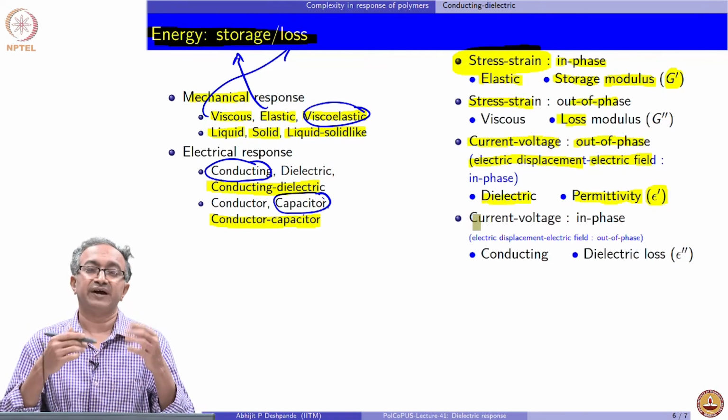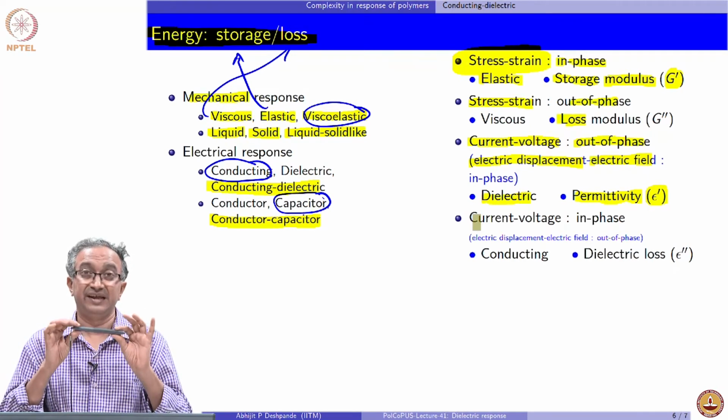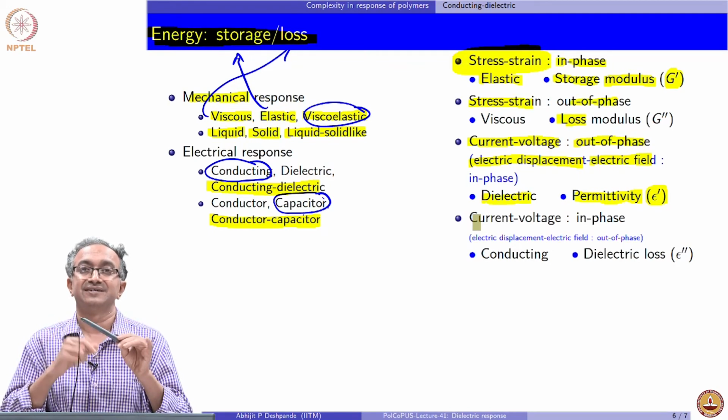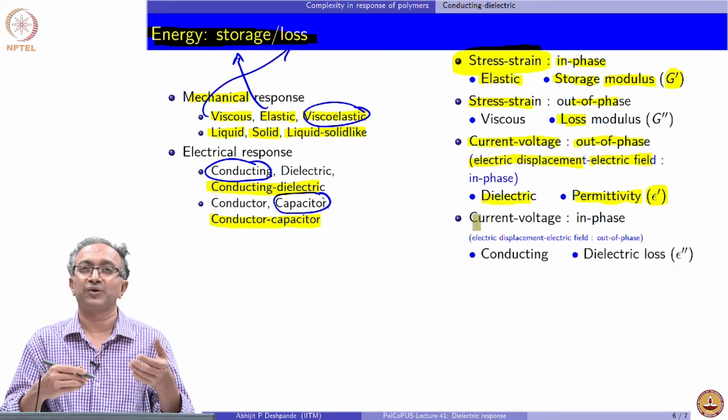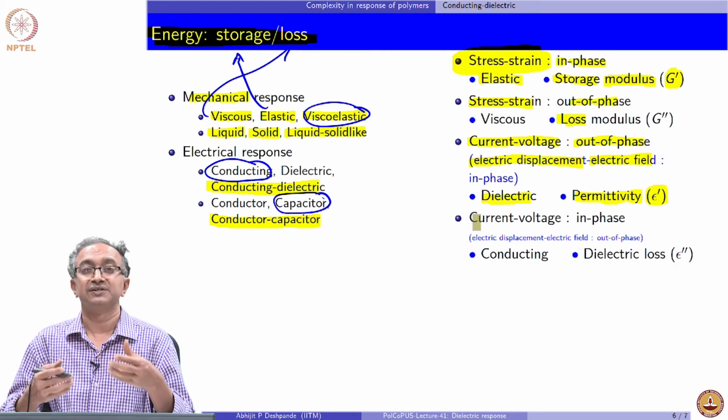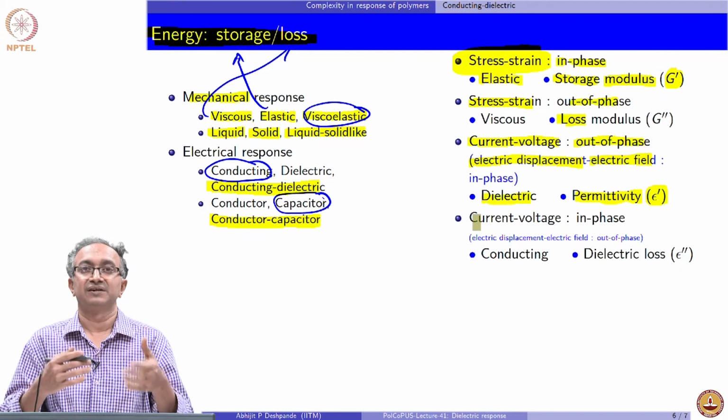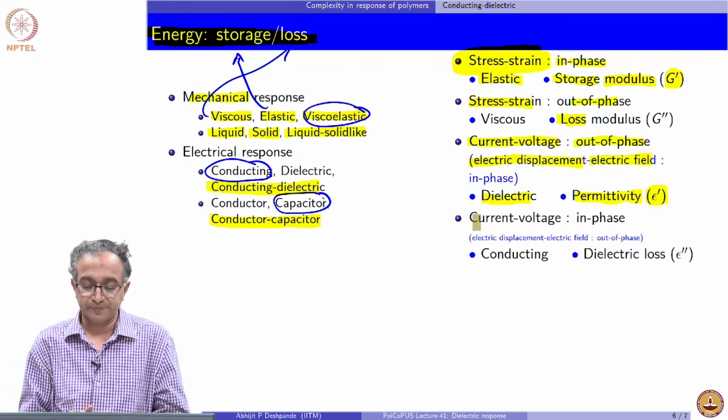So, when we talk of current and voltage, it is more like an element or a component being tested. When we talk about electric displacement and electric field, we are talking about material response, just the way stress and strain describe material response.